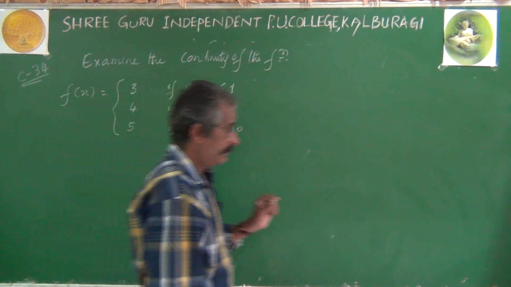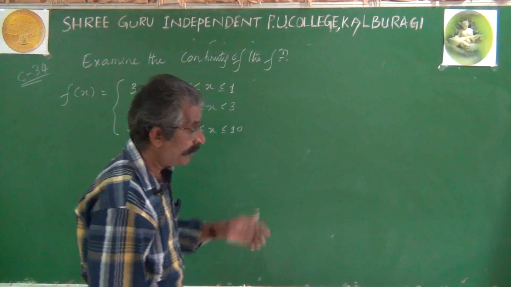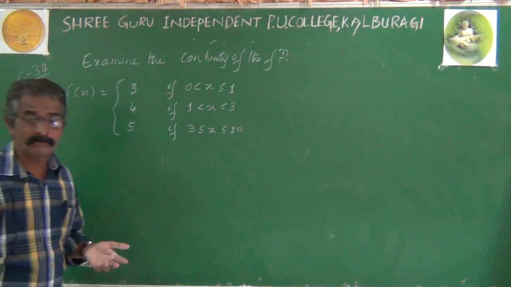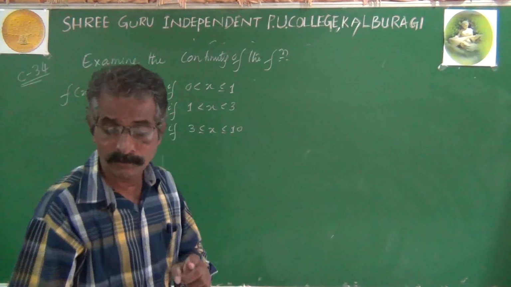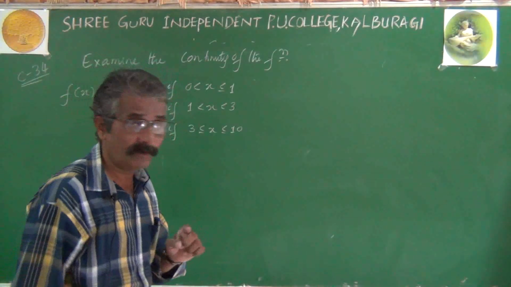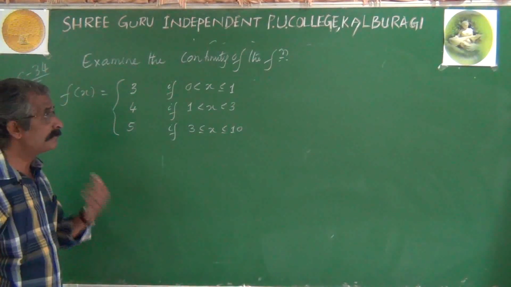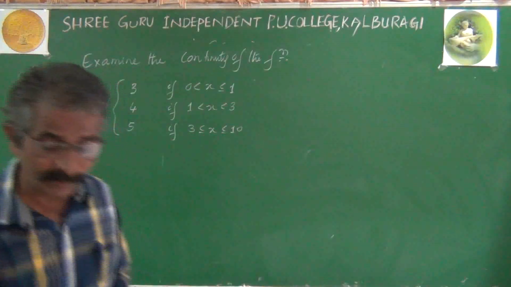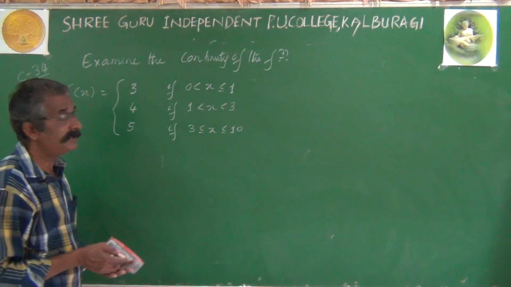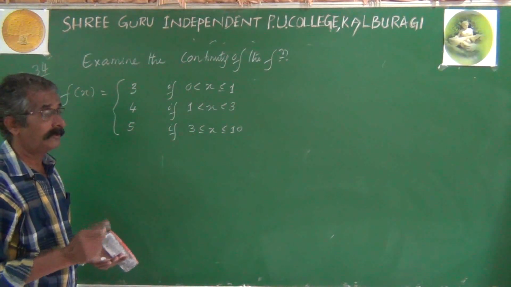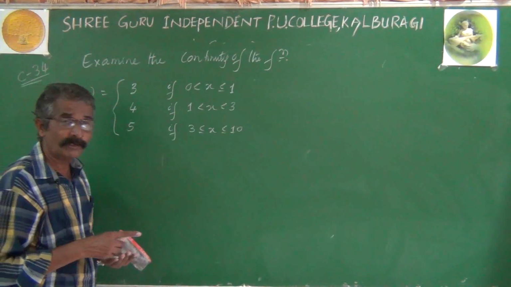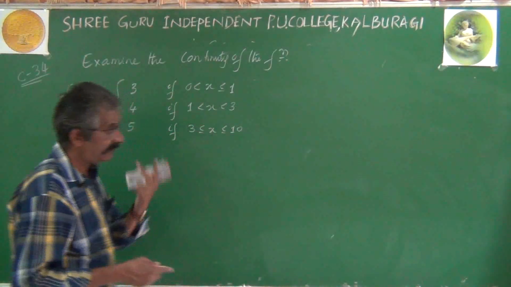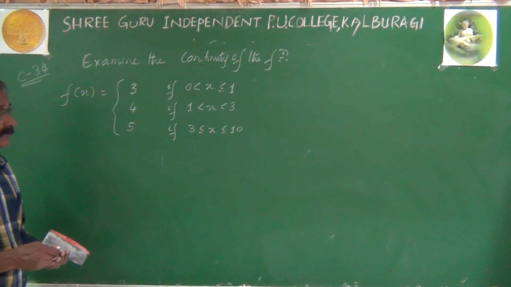And here you may be given at which points we should discuss the continuity, may not be given, but if not given, your way of selection of point of continuity or discontinuity is to be taken with respect to where equality holds. Not only equality holds, where we are able to get both left hand limit as well as right hand limit.